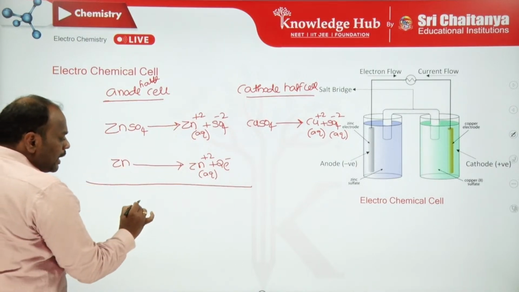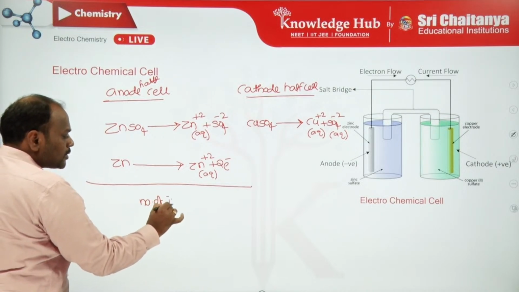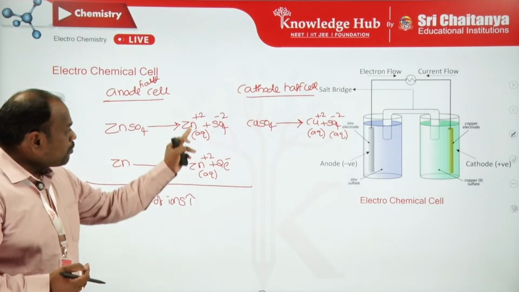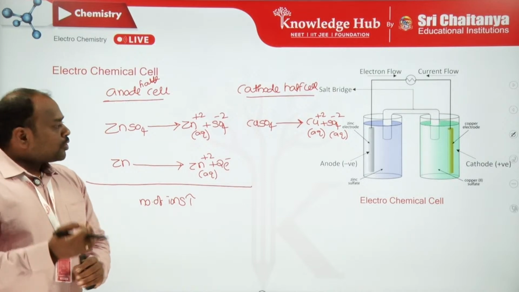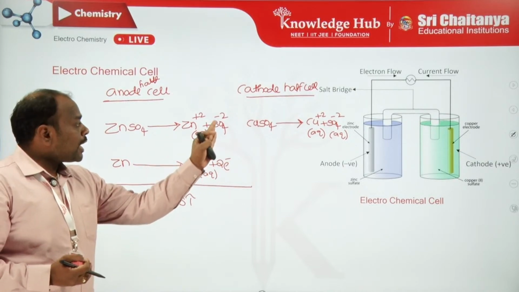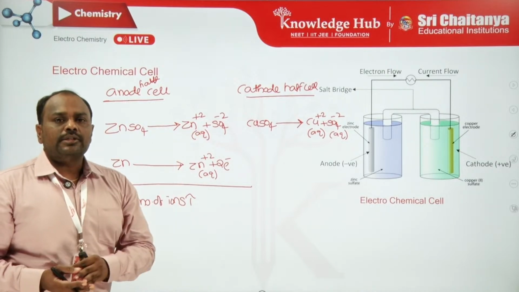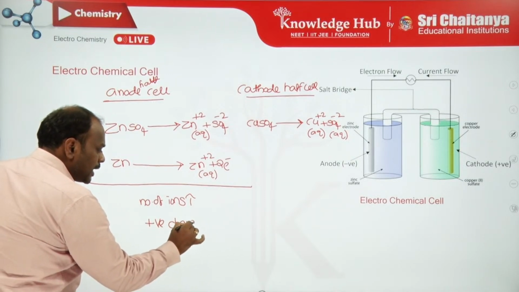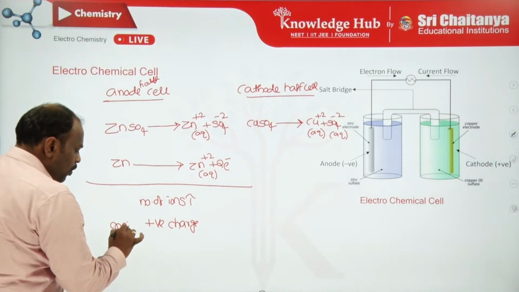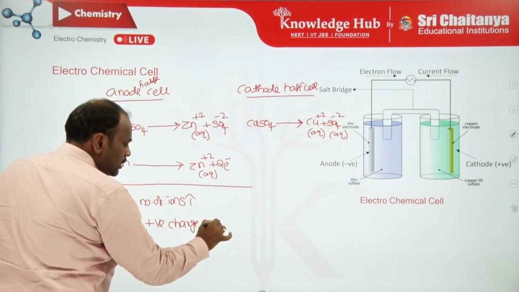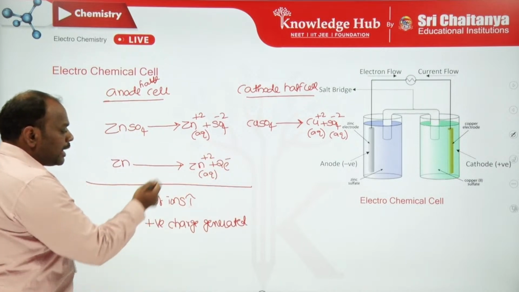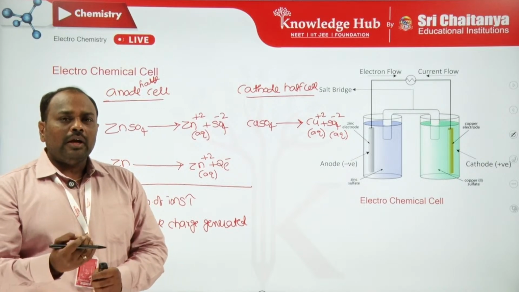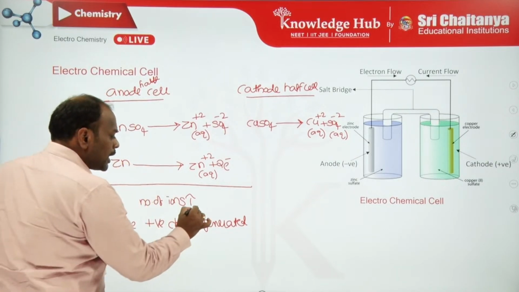Here what happened? The number of ions increases. In the left side anode half cell, what did you observe? The number of zinc ions increases. So comparatively, positive charged ions are more than negative charge. So what happened here? More positive charge is generated on the left side. And as the number of ions increases in the solution, the concentration of the solution also increases.